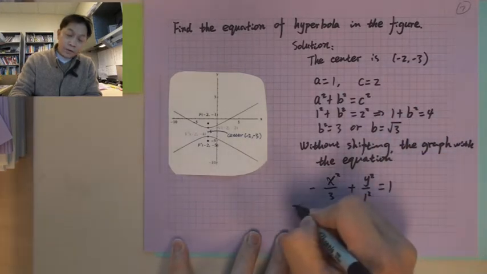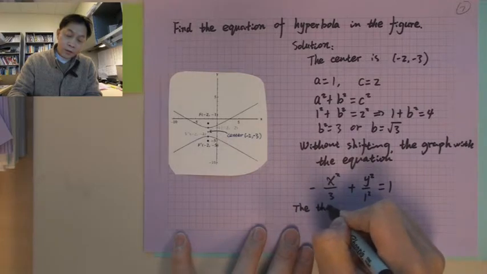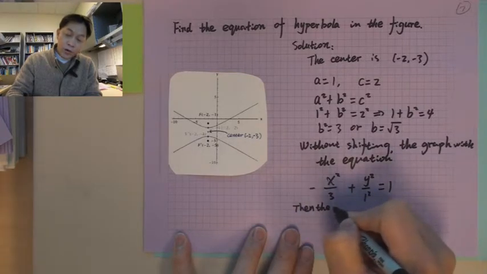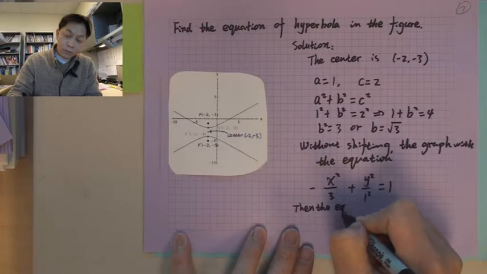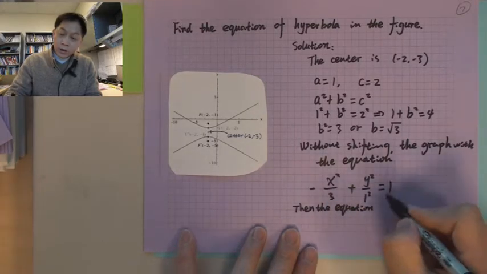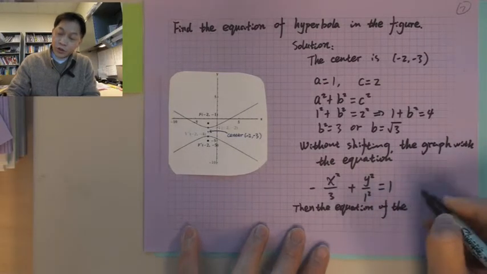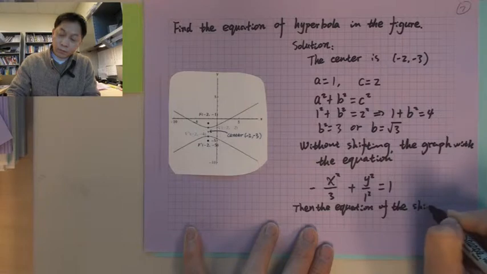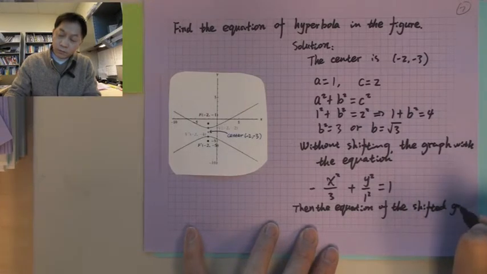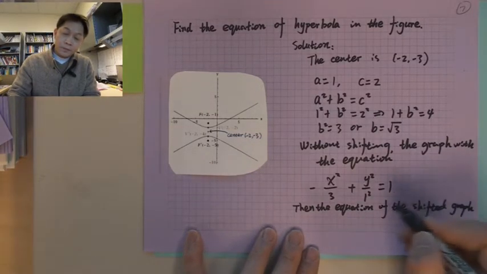So the equation of the shifted graph is what?